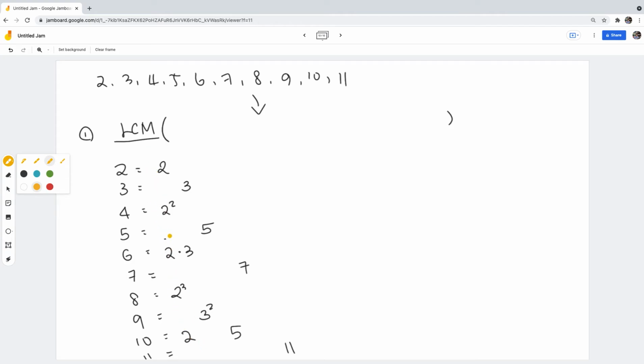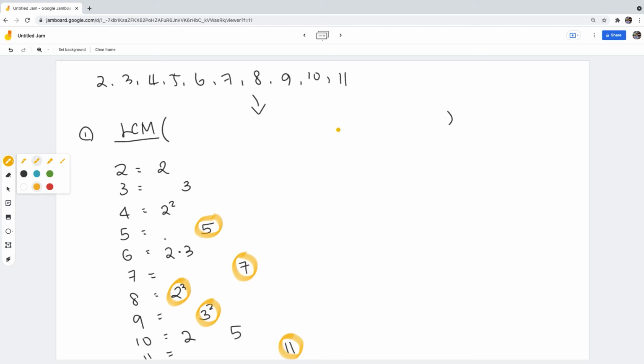The biggest exponent, which is cubed, right? And we have 3's here. What's the greatest exponent? 3 squared. Next one is just 5. So take either one. And then we have 7. Take either one. And we have 11. So you just multiply all of these numbers together.